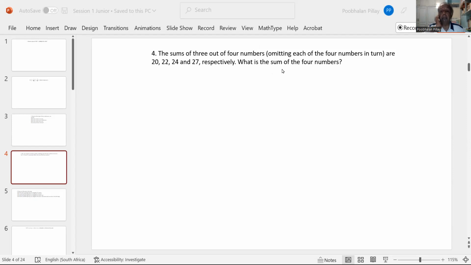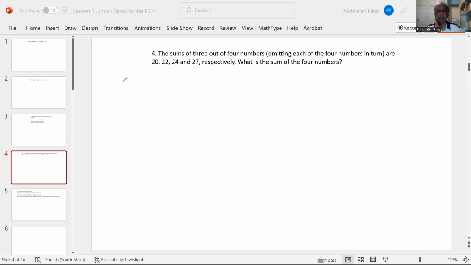Well, a tricky problem. But again, like the last example, we give symbols to those 4 numbers. See, we must not be afraid of giving symbols to unknowns, because then algebra steps in and it makes life very easy.